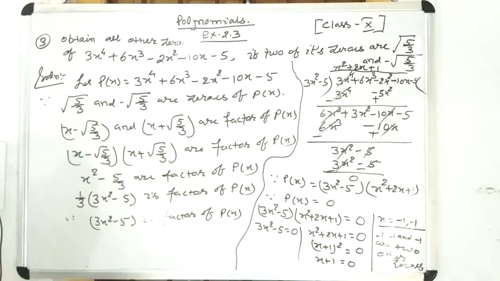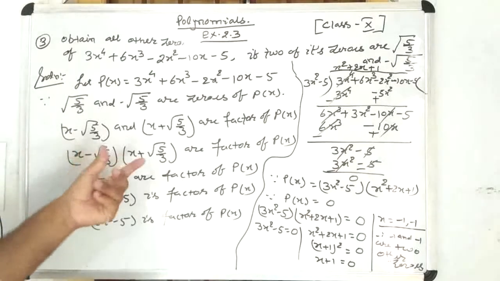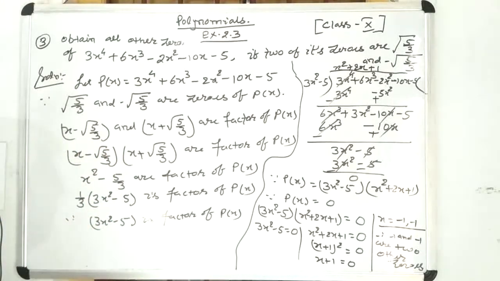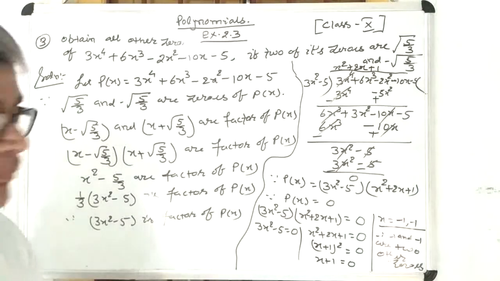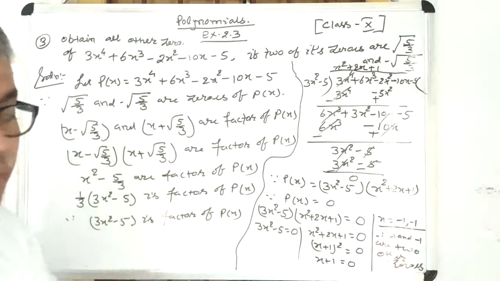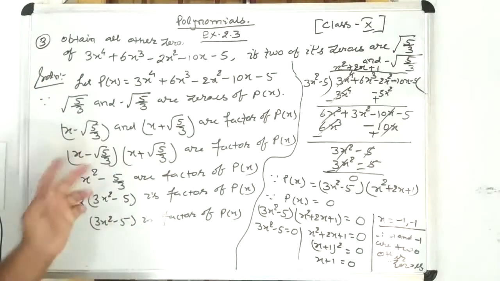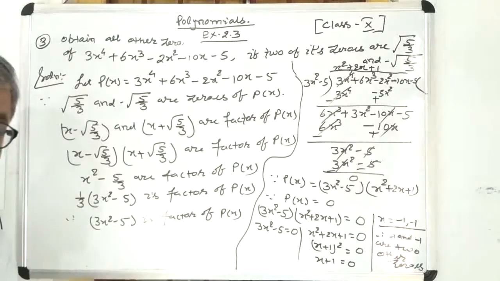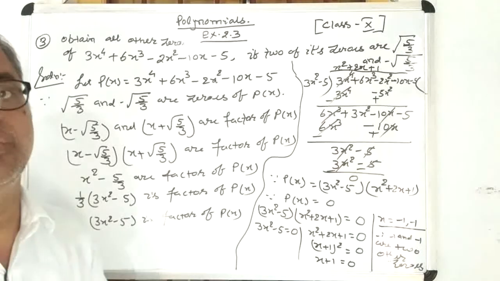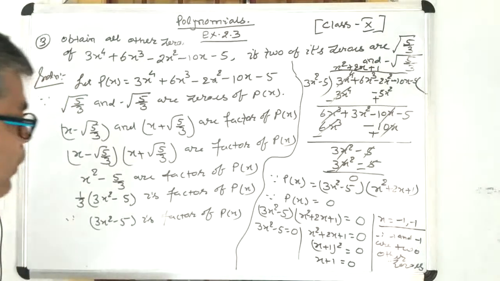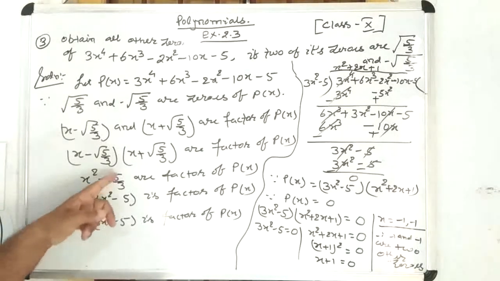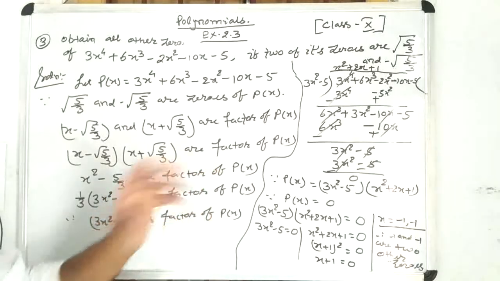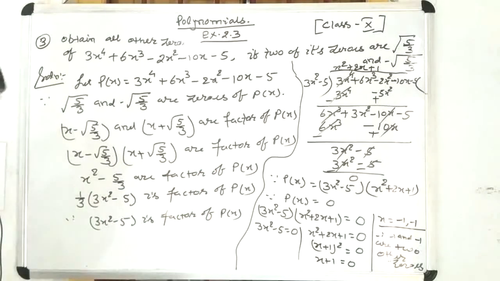When these two are factors of p(x), then their product will also be a factor of p(x). So (x - √5/3)(x + √5/3) is also a factor of p(x). Now multiplying this by using the identity (a - b)(a + b) = a² - b², we have x² - 5/3 as a factor of p(x).